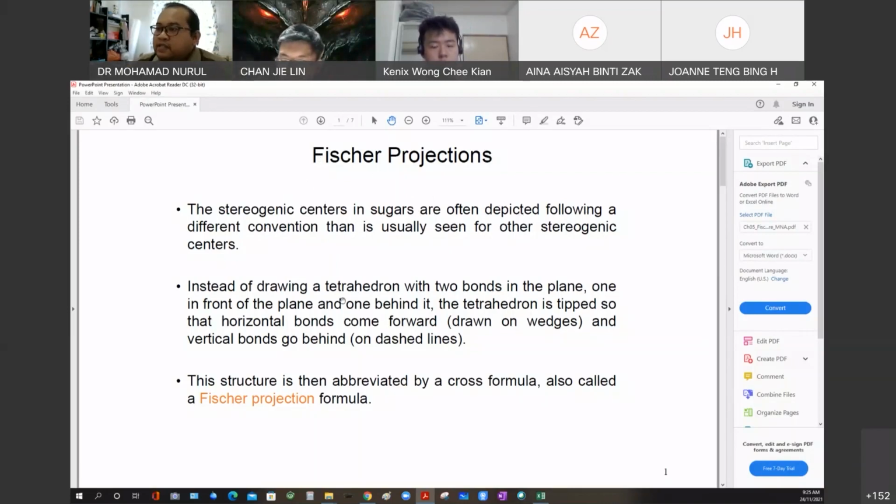Instead of drawing tetrahedrons with two bonds in the plane, one in front and one at the back, the tetrahedron is tipped so the horizontal bonds come forward, drawn on wedges, and the vertical bonds go behind as dashed lines. These structures are abbreviated as a cross formula called Fischer projections, like a fishbone. That's why we call them Fischer projections.